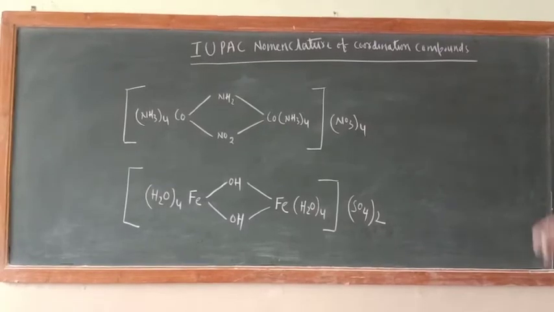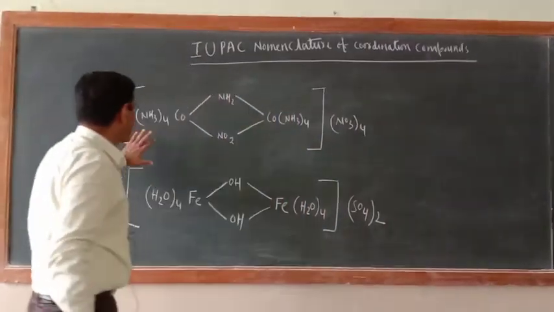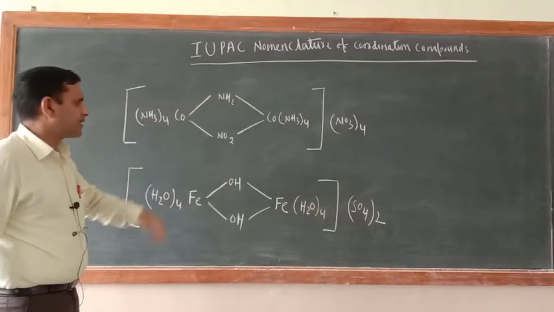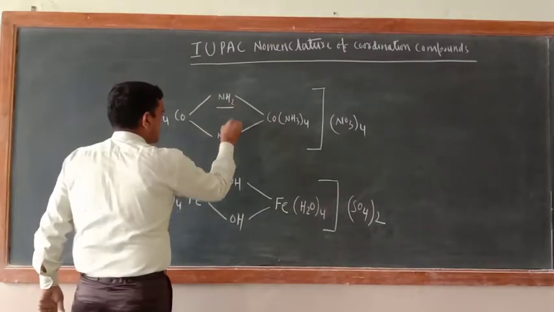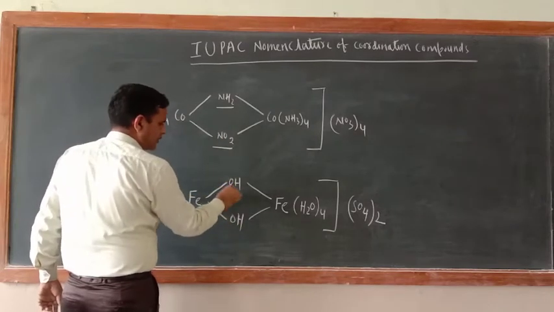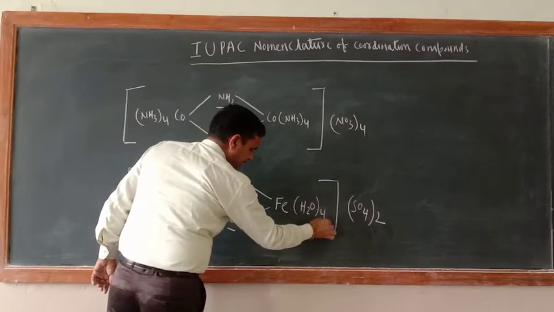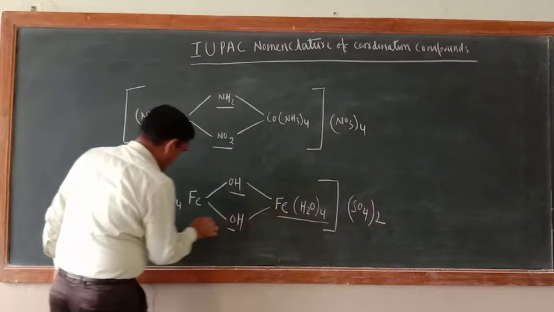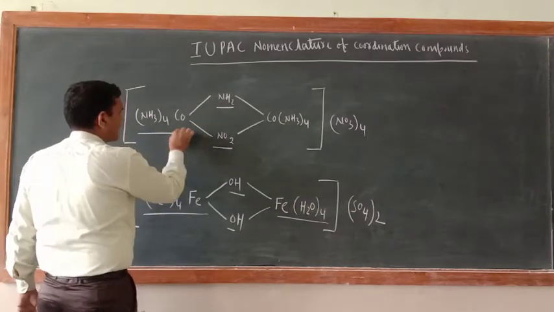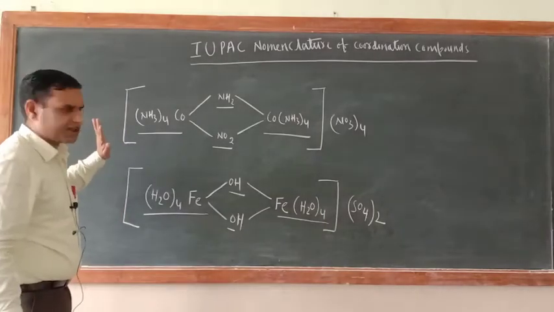Dear cadets, such type of compounds are also there. Okay, so just see here, remaining rule is same, only one extra addition is there. Just focus on here and here. These two are connecting this one and this one coordination compound. Similarly, these two are connecting this one and this one compound. Am I correct or not? Just check this one.